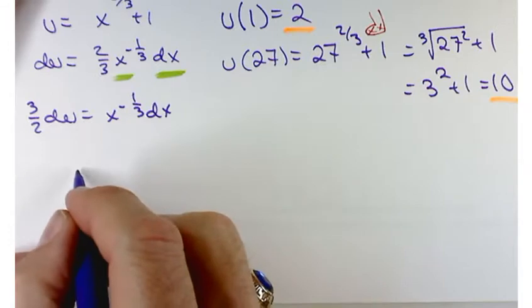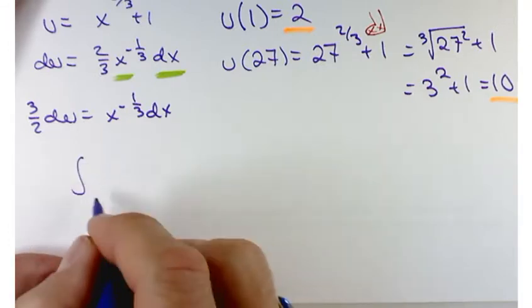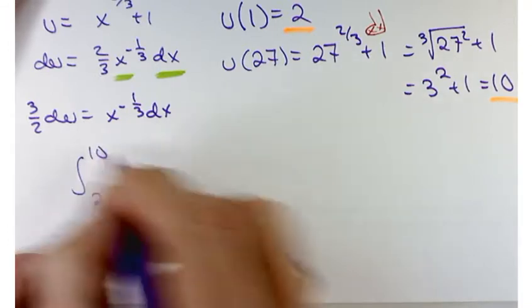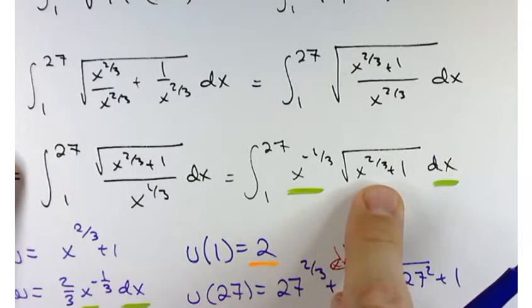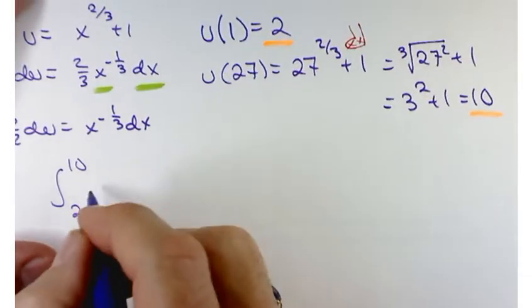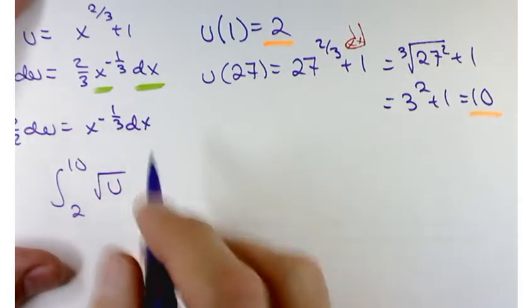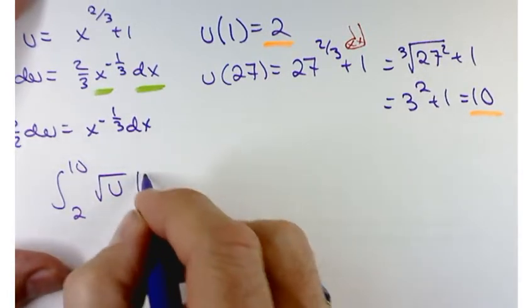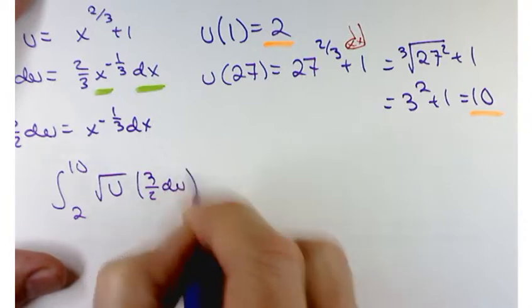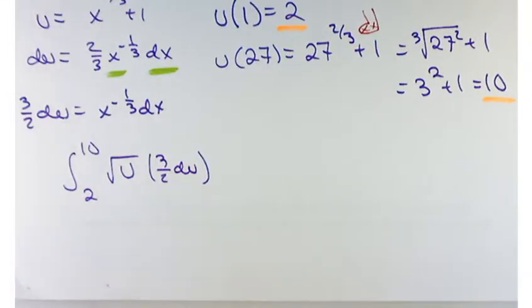Let's finish this up. That's the integral between 2 and 10 of the square root of u times 3/2 du. The good news is that we're done with x.